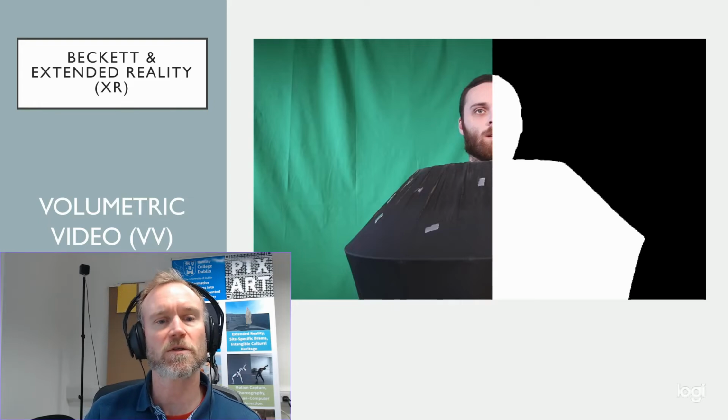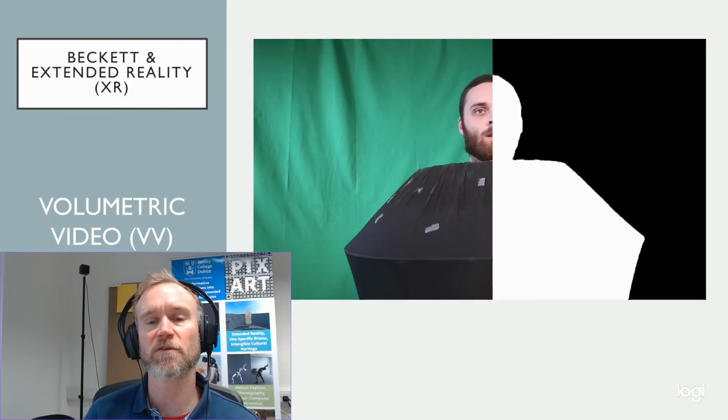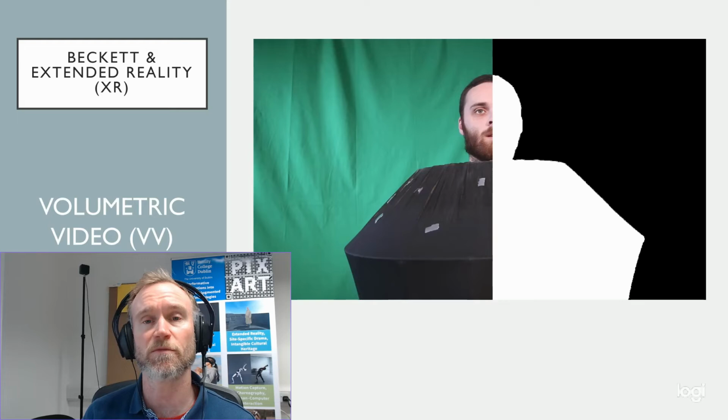So the actors are recorded against a green screen, and the footage is cut out in the post-production stage. Post-production also includes color correction, as the cameras can vary in color balance, and geometric calibration, which is the software estimating the camera's positions to make the stitching possible.